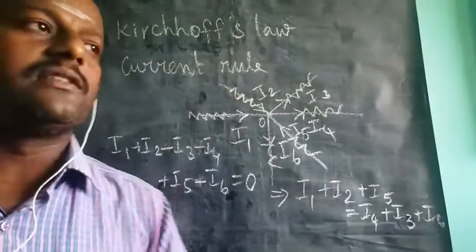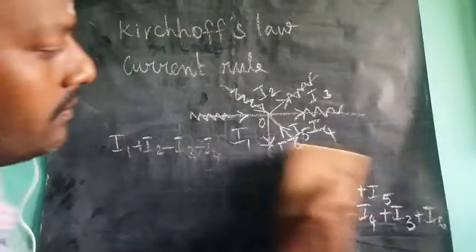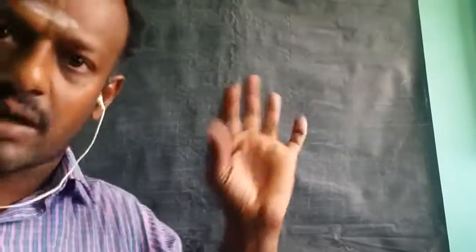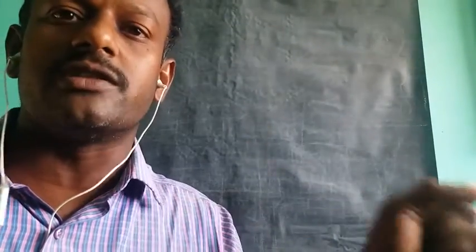Now let us discuss the voltage rule. The current rule is based on the conservation of charge. Here you may know that at any junction the sum of the current is 0. Moreover, the charge or current moving towards the junction will be equal to the current moving out from the junction.